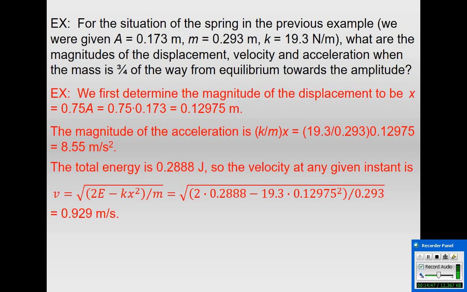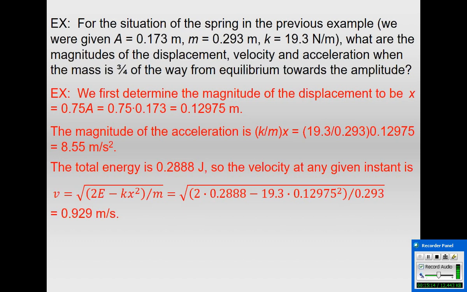The velocity takes a little bit more effort to find, well, the speed to be exact, since we're looking for the magnitude of the velocity. We can say that the total energy is equal to 1/2 mv squared plus 1/2 kx squared. And the only unknown there is going to be v, because remember, we found the energy earlier. We found the energy to be 0.2888 joules.